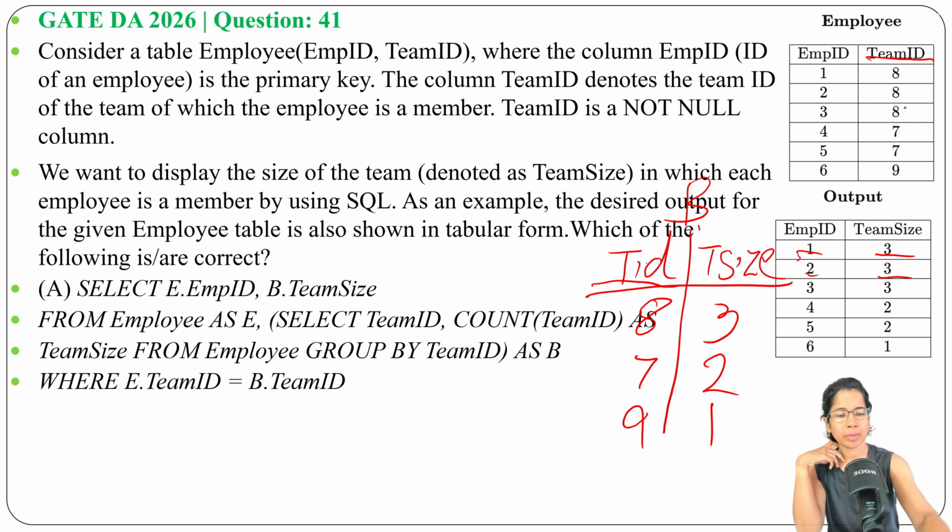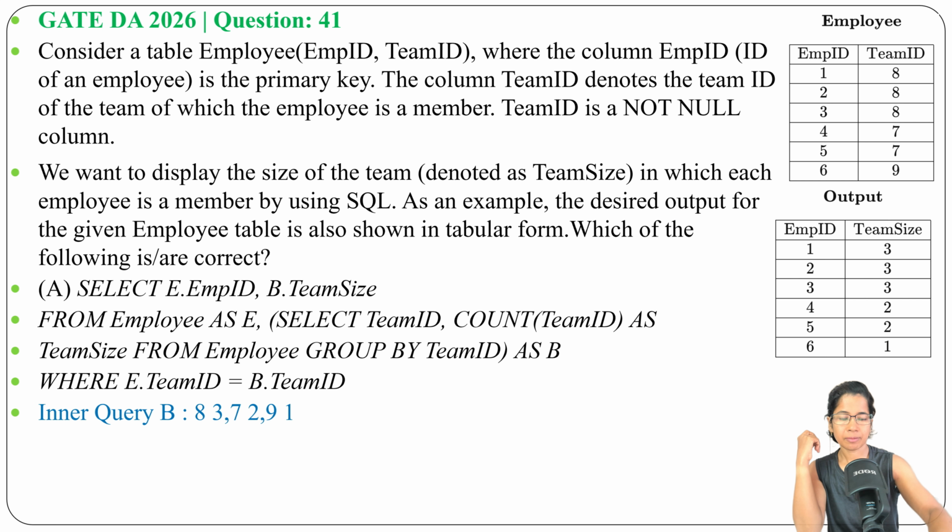For 3, team ID is 8, it will be 3. Now for 4, team ID is 7, team size is 2. Next for 5, team ID is 7, team size is 2. For 6, team ID is 9, team size will be 1. So it will give this output. Hence option A is correct.